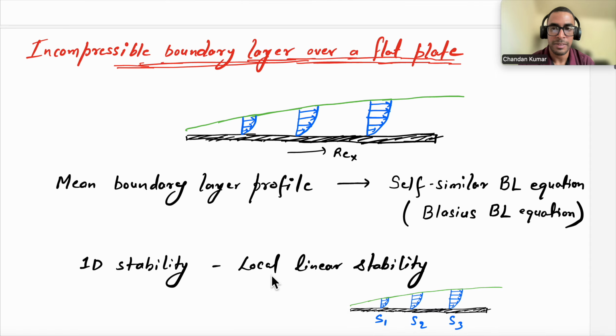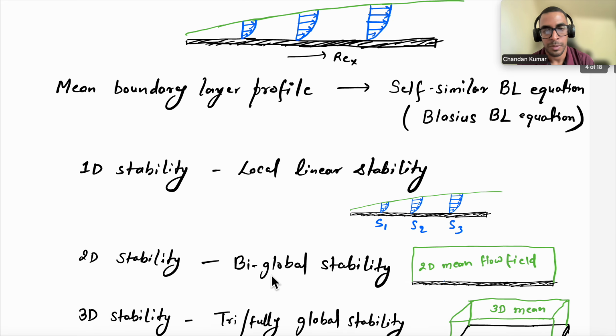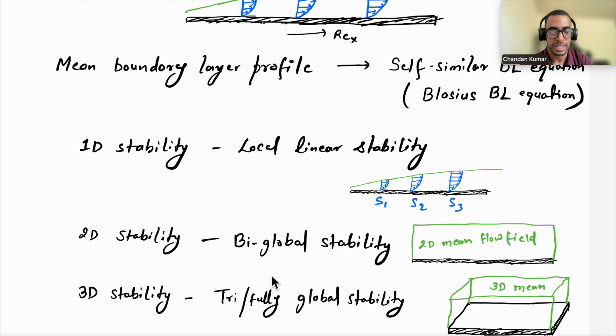So to begin with our formulation of the stability equation for the incompressible boundary layer, first we need the laminar boundary layer profile. For that, we are going to solve the self-similar boundary layer equation, which is also known as the Blasius boundary layer equation. There are different types of stability analysis.